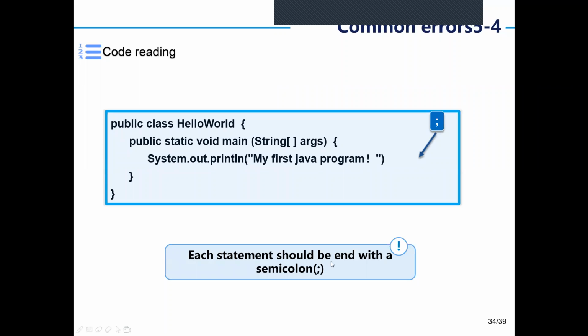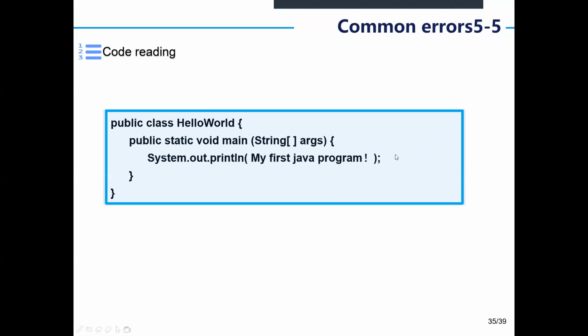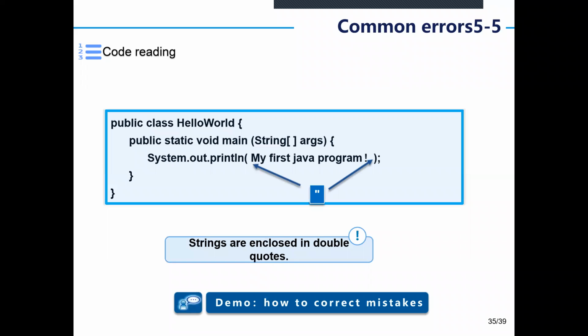Each statement should end with a semicolon. What's the error in this code fragment? Actually, the double quotation is missing. Yes. The quotation. Right. Double quotation is missing.